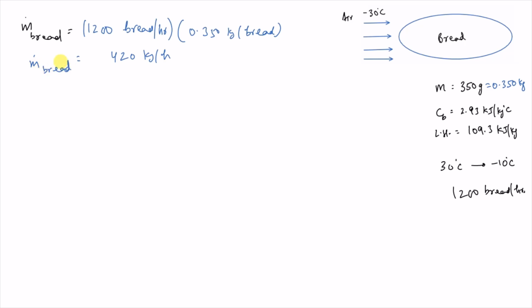Next we'll be calculating the heat removed from the bread as it is cooled from 30 degrees Celsius to minus 10 degrees Celsius. So here heat will be of two types. The first one is the sensible heat, and next will be the latent heat.